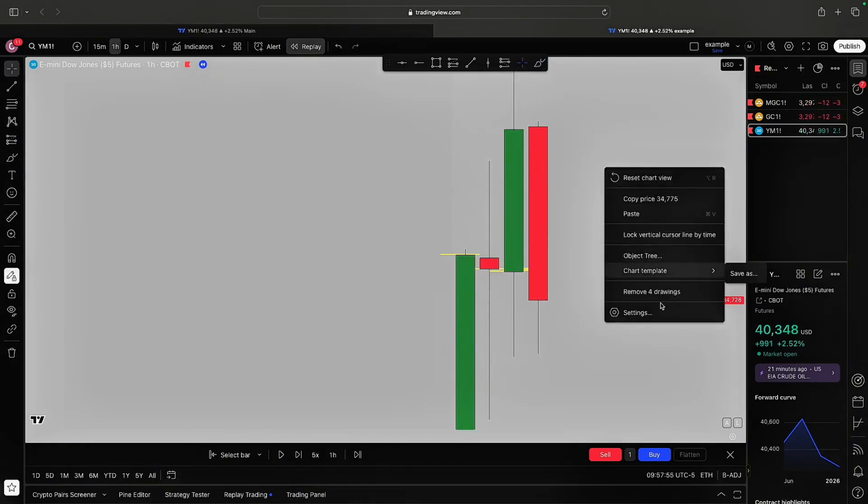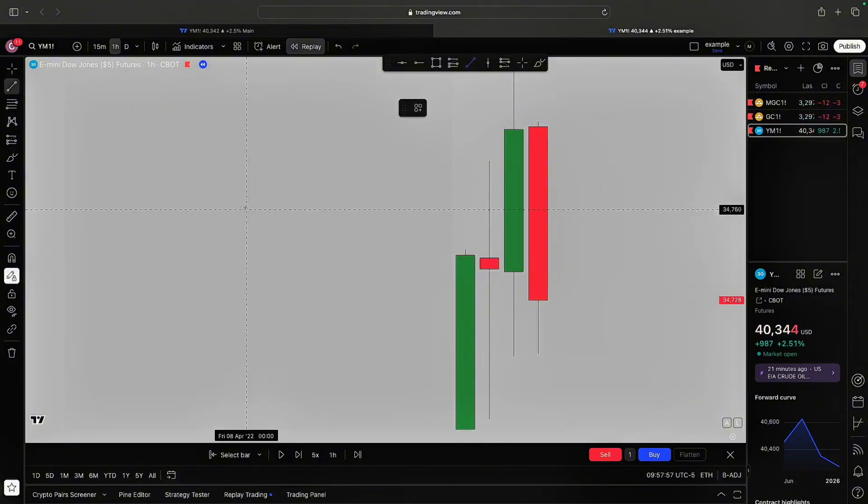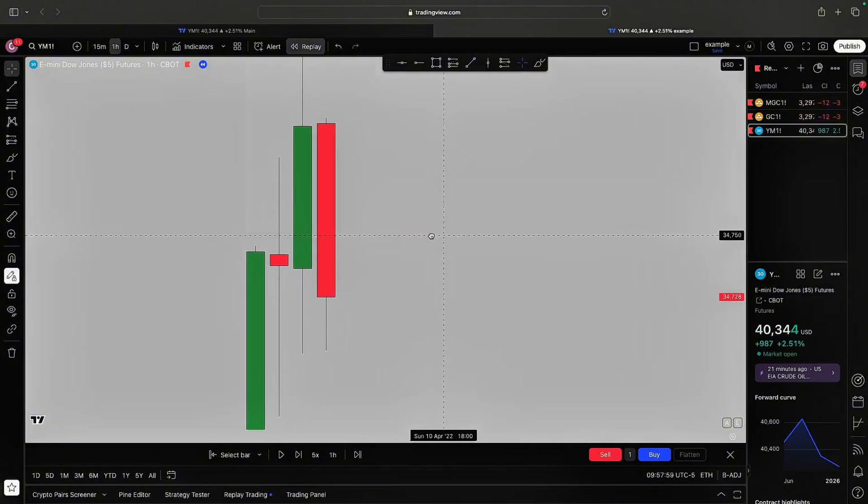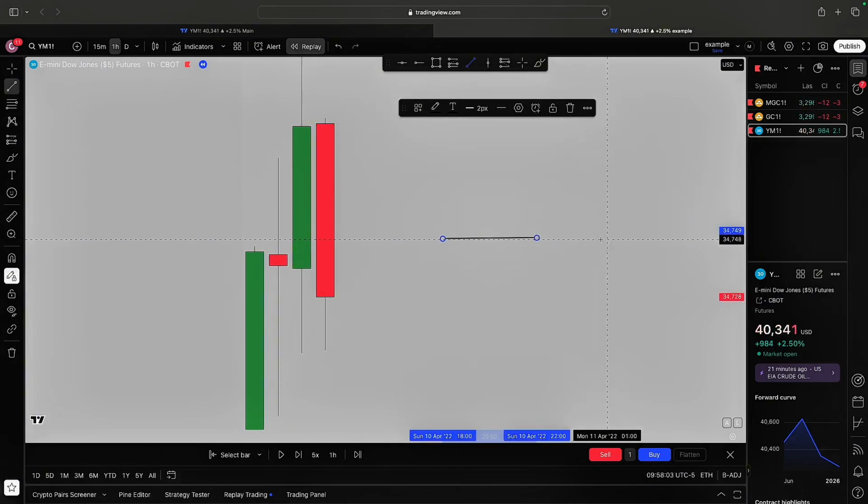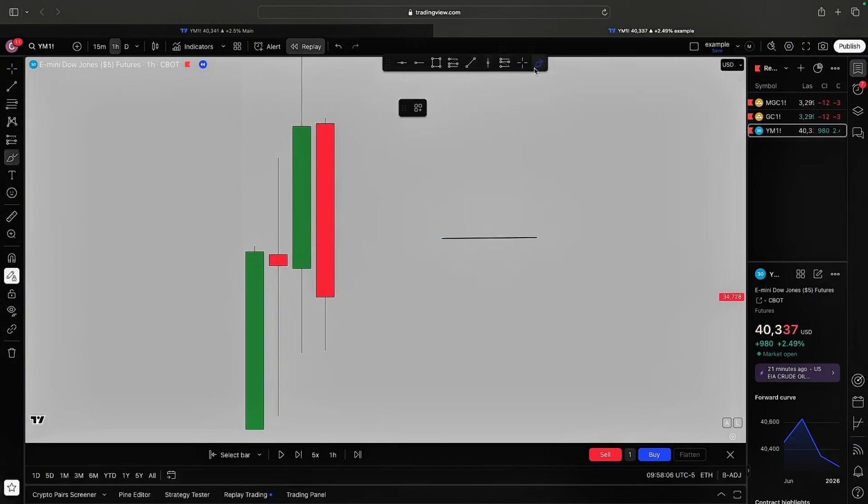We can look at it like this. Say you have this line here, you have this line here. If you have a candle and it closes above this line, it's a bullish candle. If it closes below this line, it's a bearish candle.